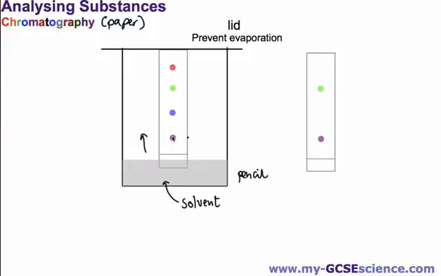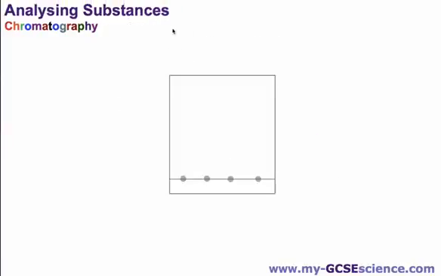Now that's all well and good, but we do need a way to identify and perhaps name what these substances might be. So let's have a look at an application of this process. Here I've got a piece of paper for our paper chromatography. I've got 4 samples, and we can label these as known samples.